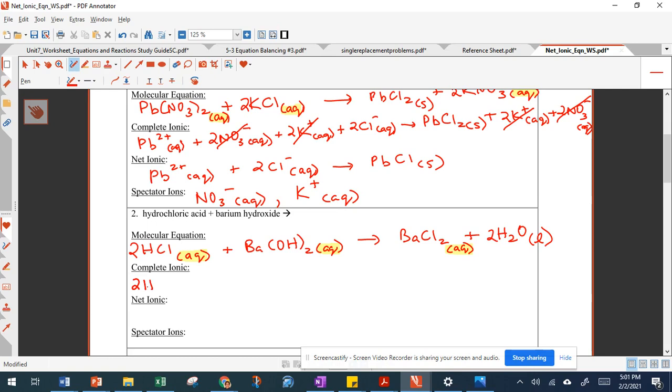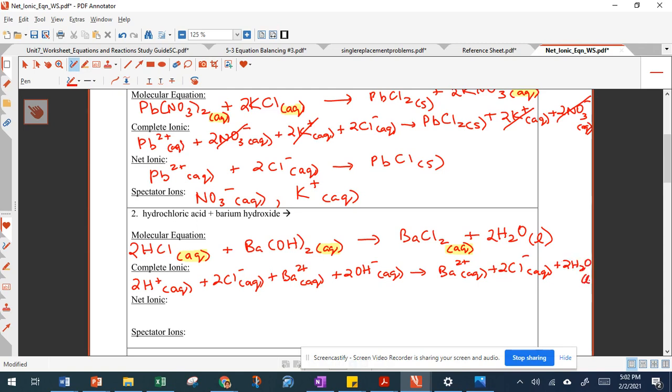So we have 2H plus AQ plus 2Cl minus AQ plus Ba2 plus AQ plus 2OH minus AQ goes to Ba2 plus AQ plus 2Cl minus AQ plus 2H2O liquid.